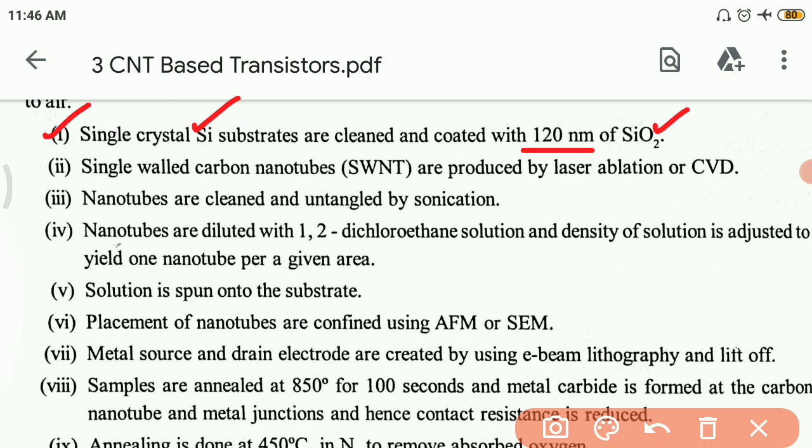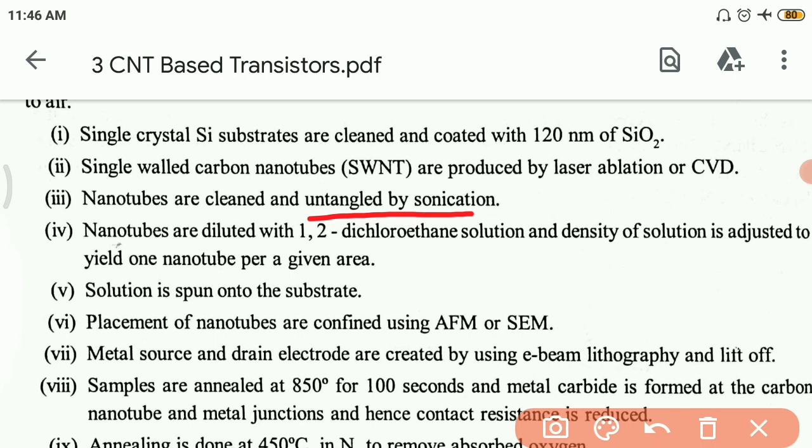Then the single-walled carbon nanotubes, SWNT, are produced again by laser ablation or chemical vapor deposition. Then the nanotubes are cleaned and untangled by a sonication process, similar to the p-channel type.